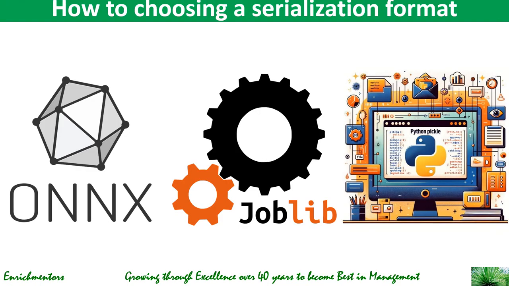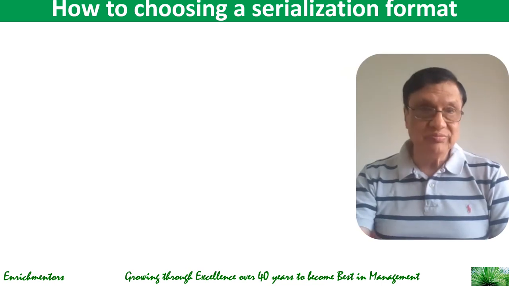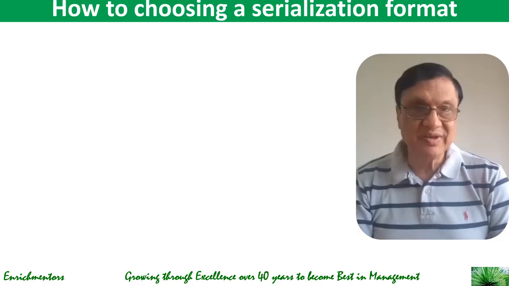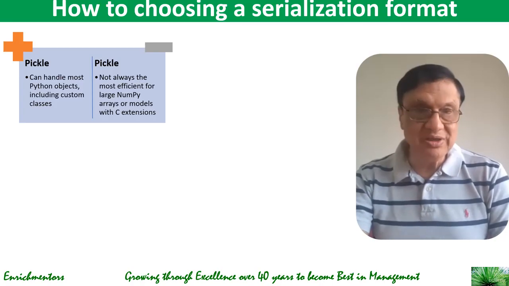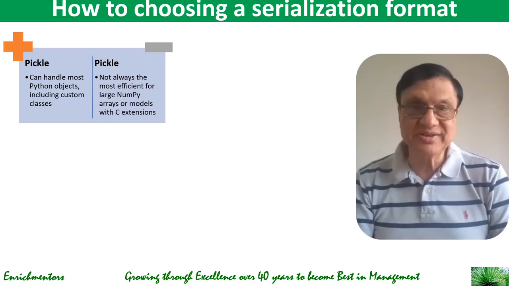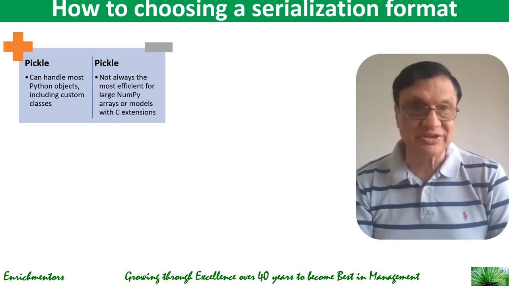The question is which one to choose, how to choose the serialization format. Should it be ONNX, should it be joblib, or should it be Python Pickle? Each of these formats has advantages, disadvantages and use cases. Pickle is a standard Python library for serializing and deserializing Python objects.